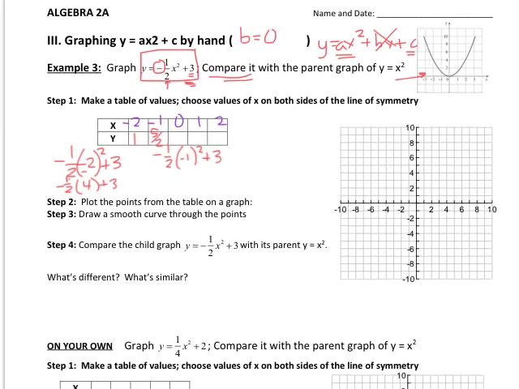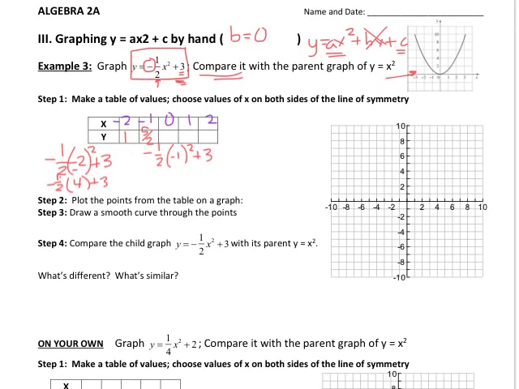So when I plug 0 in, I have negative 1/2 times 0 squared plus 3. This just becomes 0, because 0 times any number is 0, plus 3. So I have a 3 now.